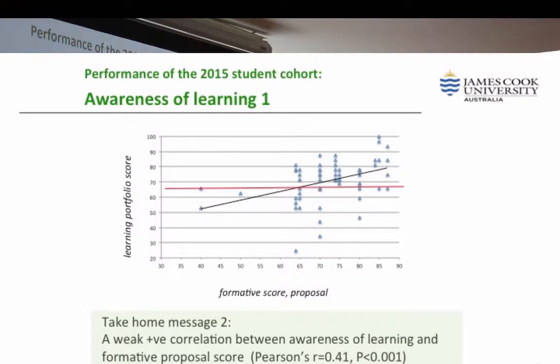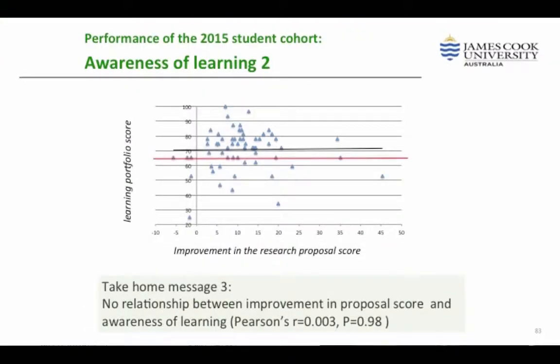So that's a bit of a disappointment, and we think, well, what's going on? And then I finally wanted to know whether the magnitude of improvement, the great improvement between the two proposals, aligns or correlates with the learning portfolio score.